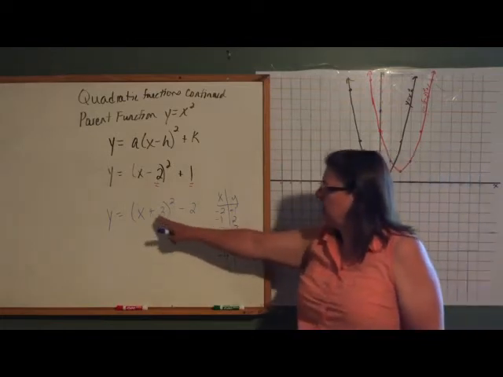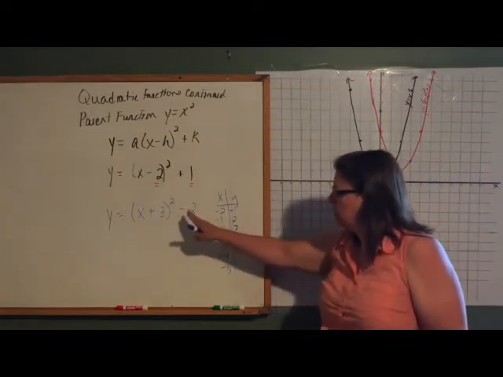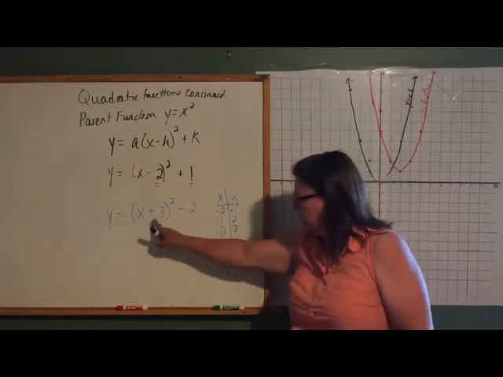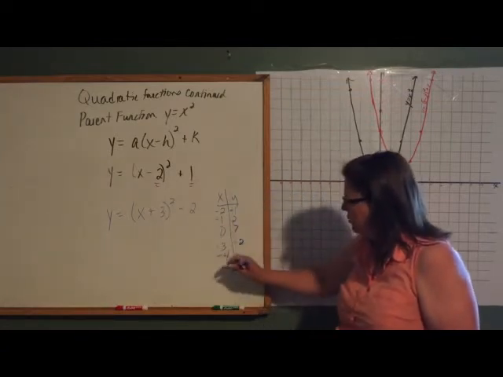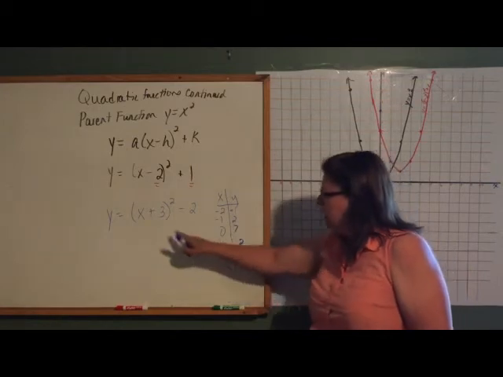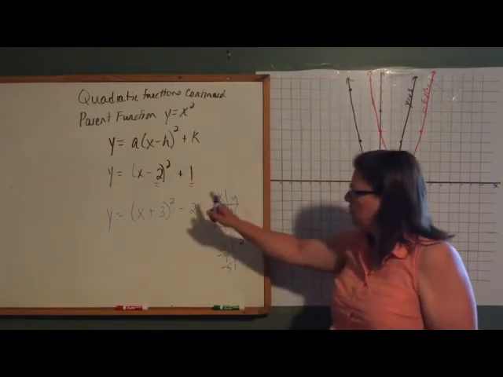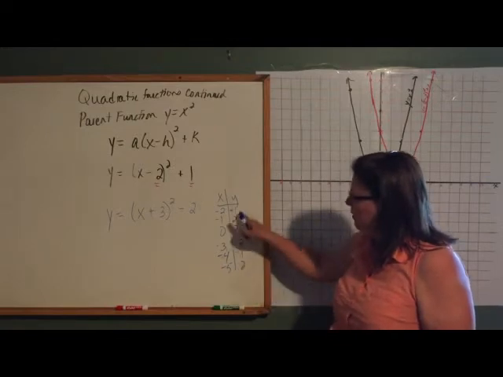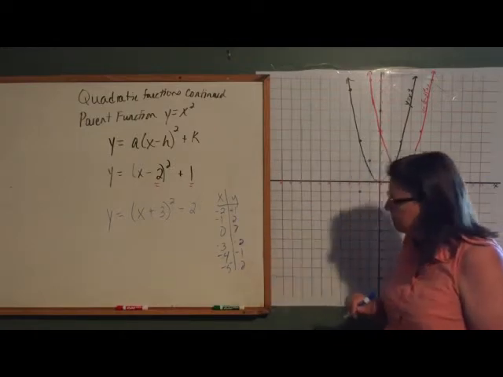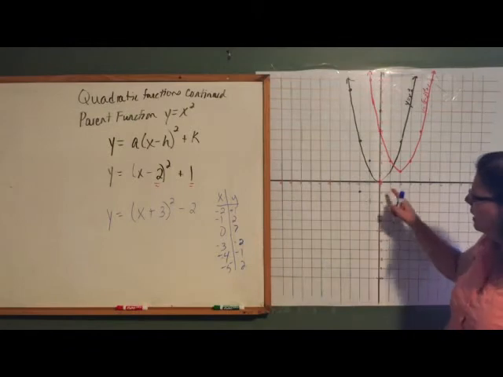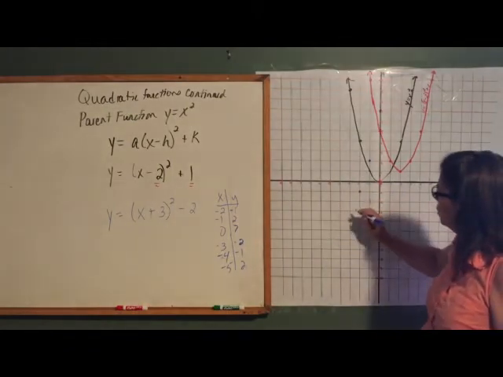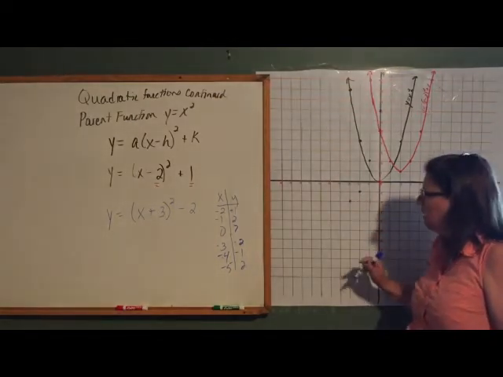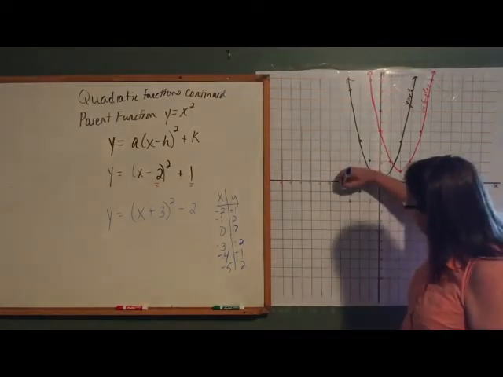So negative 3 plus 3 is 0, squared is 0, minus 2 is negative 2. Negative 4 plus 3 is negative 1, squared is 1, minus 2 is negative 1. Negative 5 plus 3 is negative 2, squared is 4, minus 2 is 2. And look, we have some numbers here that are repeating, so that's a good sign. So if I do negative 3, negative 2, that's right here, and negative 4, negative 1.